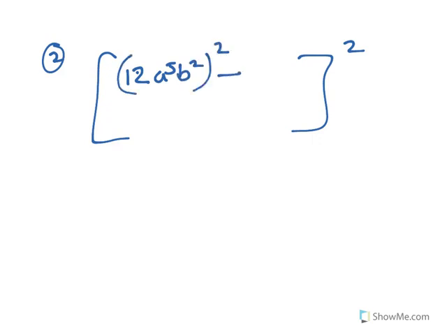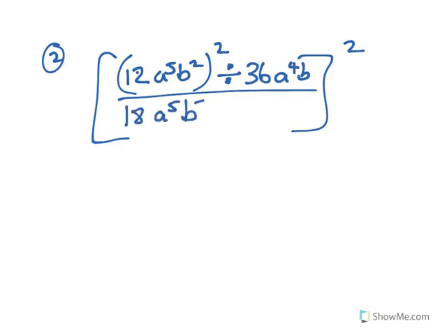Okay, I'm going to do one really massive one. I'm going to square it at the end. We're going to go to 12a5b squared divided by 36a4b over 18a5b squared times 2a3b4, but then we might square that as well.